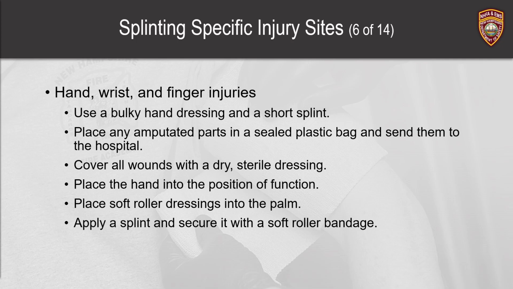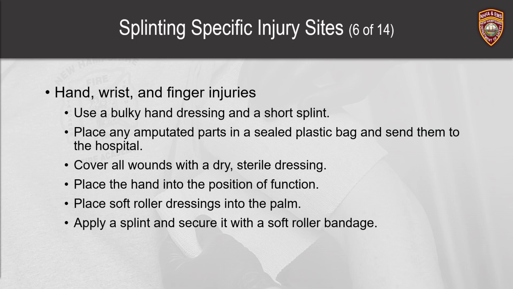For hand, wrist, and fingers, these generally don't need super complex splints. Because there's so many bones, the function of the bones is complex, and if poorly or inadequately treated, it could result in permanent deformity or disability.